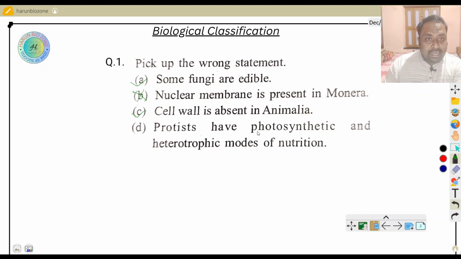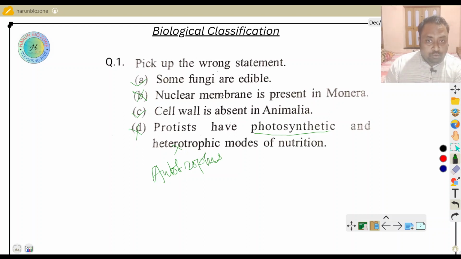The Protista have photosynthetic, photosynthetic means the organisms that do photosynthesis. The photosynthetic organisms are autotrophs in nature, not heterotrophs. So this is also a wrong answer.